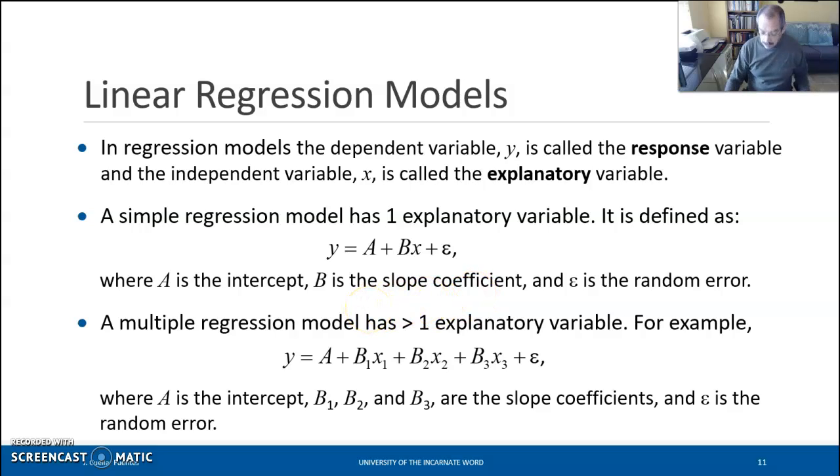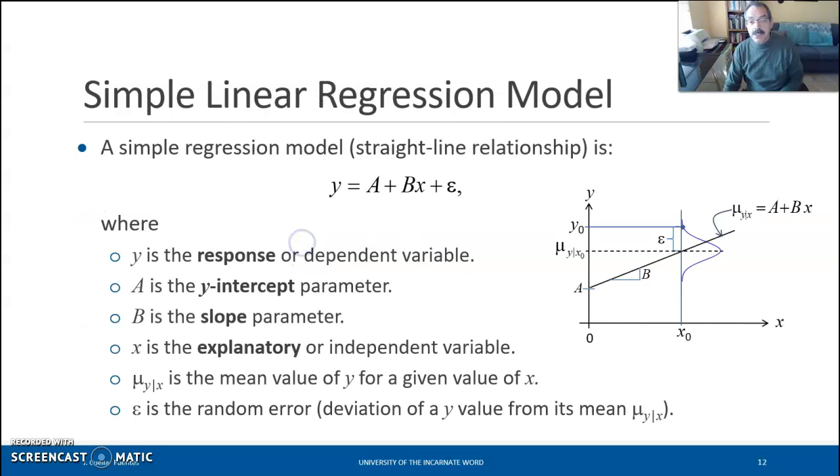All right. One question is, well, what is this random error thing? Well, let's talk about this. So from the perspective of regression, we have a model, and in this case, we're talking about the simple regression model, or sometimes called the straight line model. So this is what we talked about a second ago.